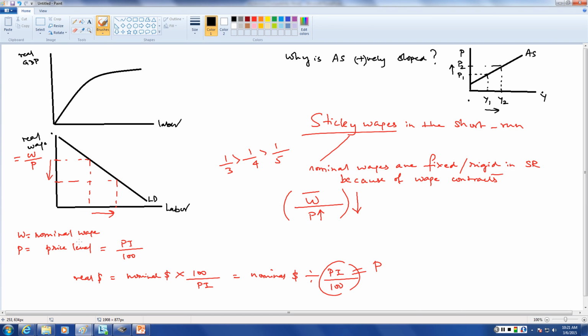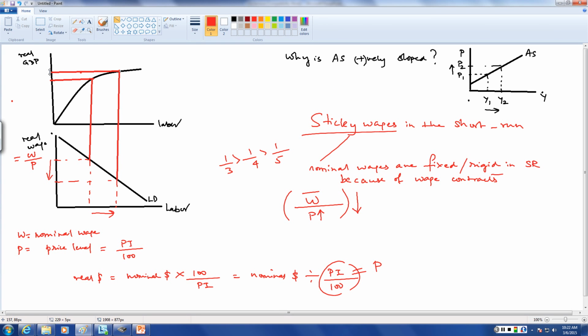Now, when firms hire more labor, what happens to the output of real GDP? Well, when labor use was less, then the output of real GDP was this. On the other hand, when the real wage fell and firms increased their employment, then, of course, their output of real GDP went up. Do you see that?